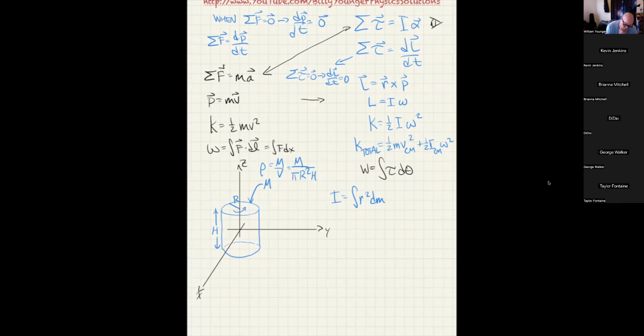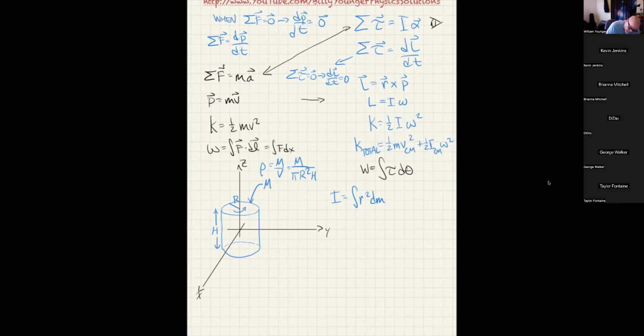I want to calculate this integral, but I need to make sure the integrand, the r squared, doesn't vary by very much over the entirety of the dm, because if it did, I'd have to take an averaging process, and that's not something I'm interested in doing.